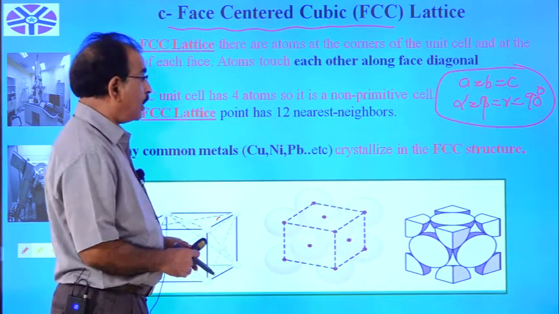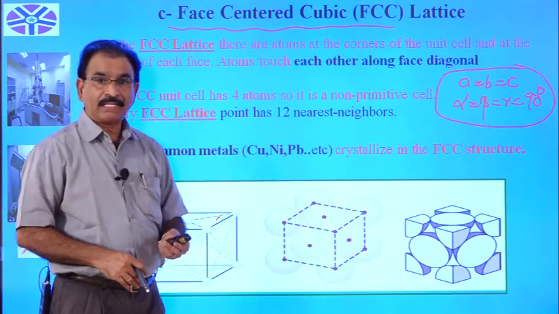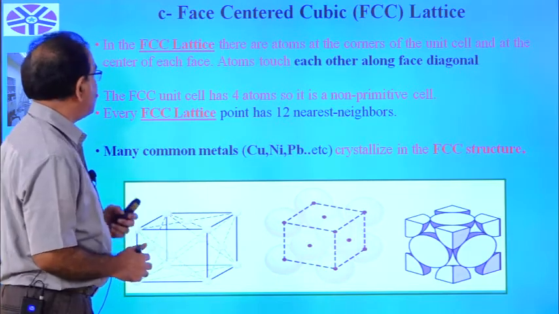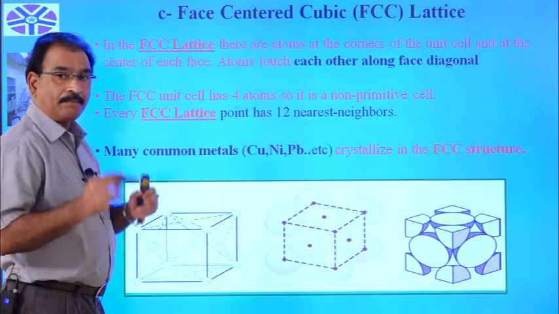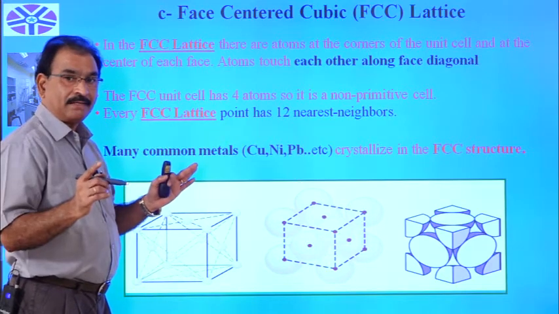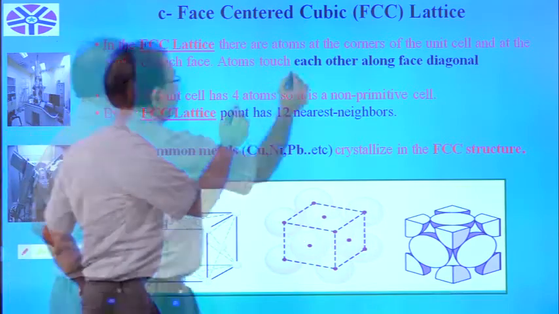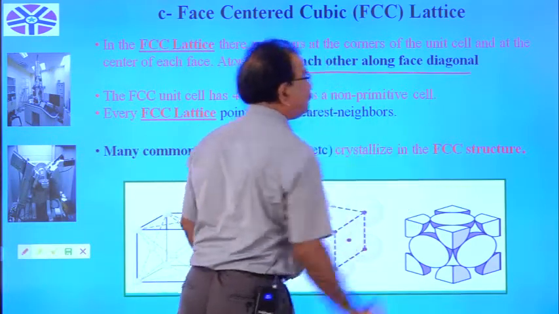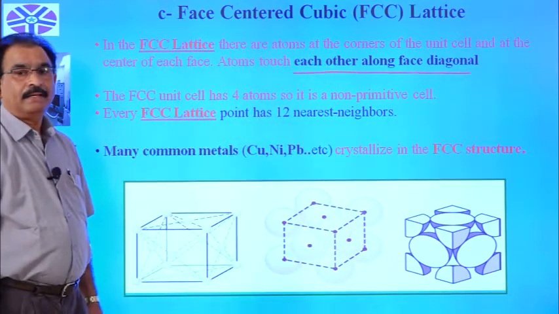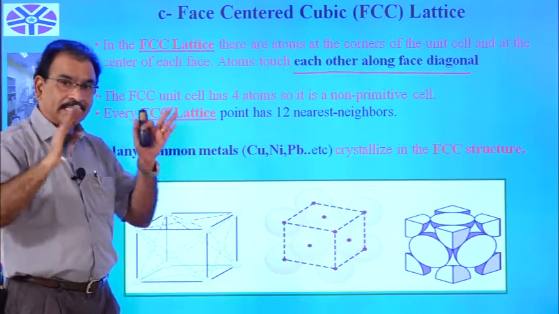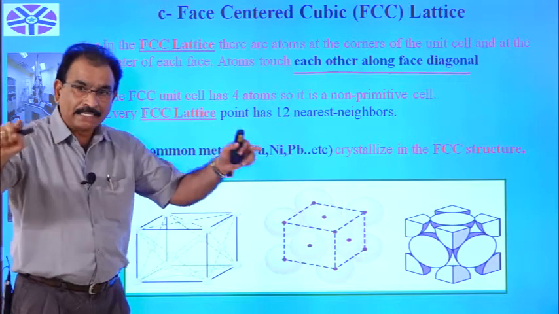Now, how it is different from the other two cubic systems, we have to try to understand. The main difference between the other two lattices and this lattice is this one. In case of simple cube, atoms were touching each other along the edge.